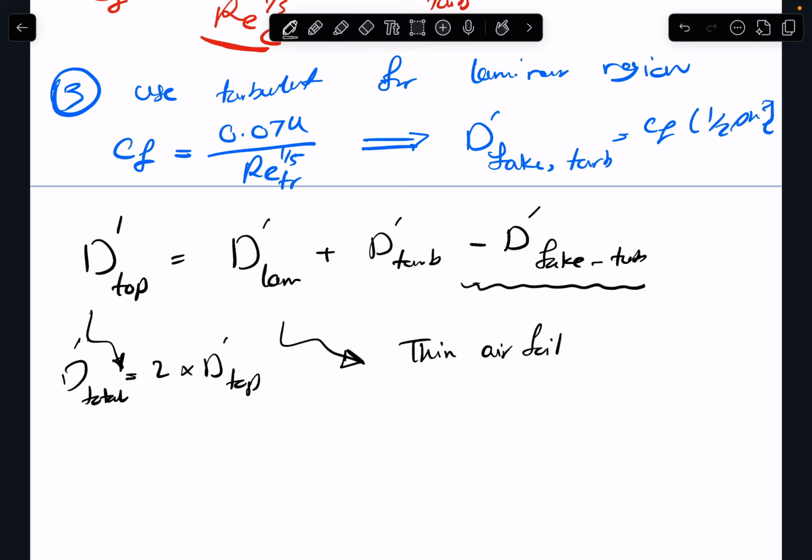So for this problem, we can estimate the total drag on the airfoil by just multiplying the friction drag by 2.